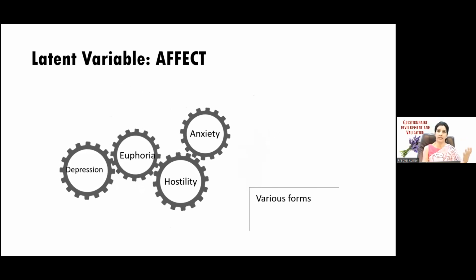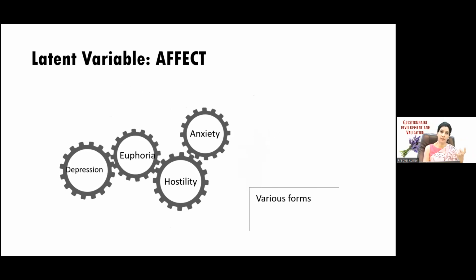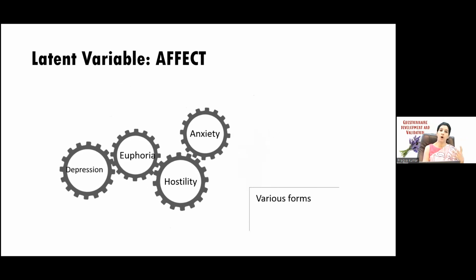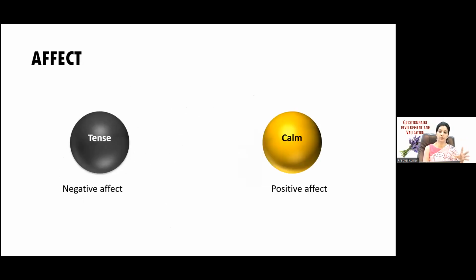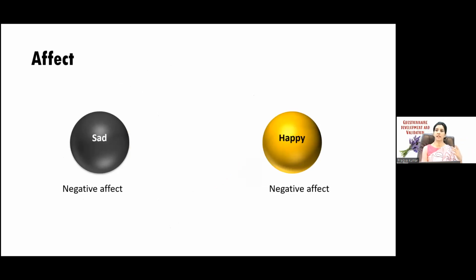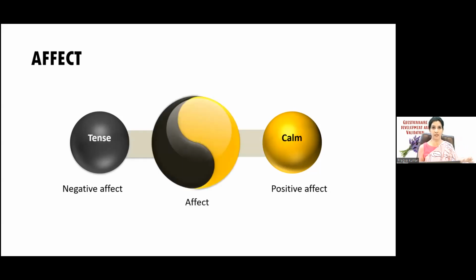So your item is measuring a particular special dimension, like in this case, or it is affecting the overall. Again, you can classify this as a negative affect or as a positive affect. Again, this can be classified as sad or happy. So affect has many dimensions. You can classify it as sad or happy, as tense or calm.